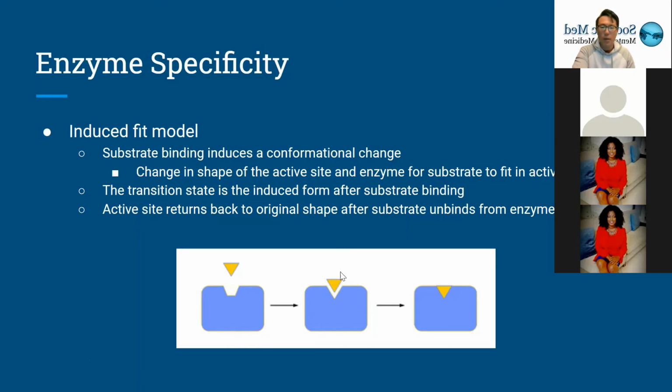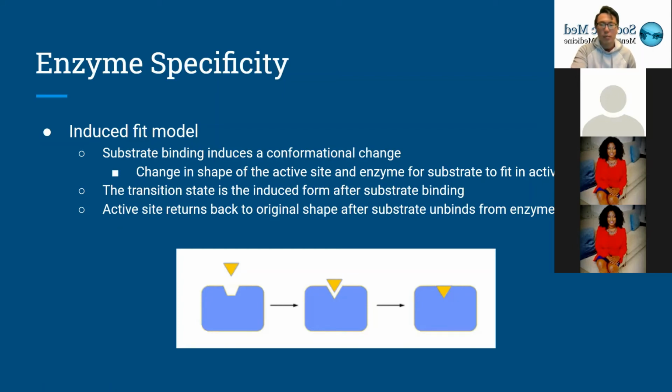This middle molecule right here, we call the transition state. That's the induced form after substrate binding. Usually this will only exist when the substrate is bound. That's why it's called the transition state. It's the state between the enzyme and the reactant and the enzyme and the formed product.